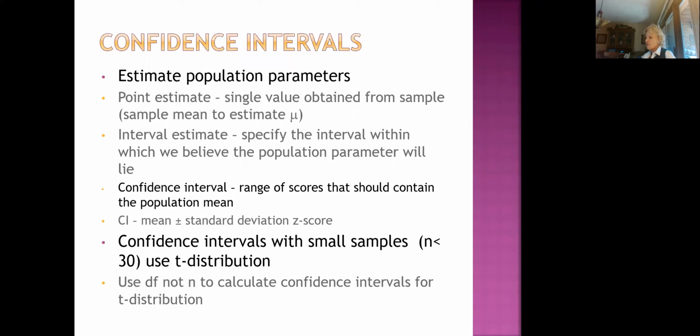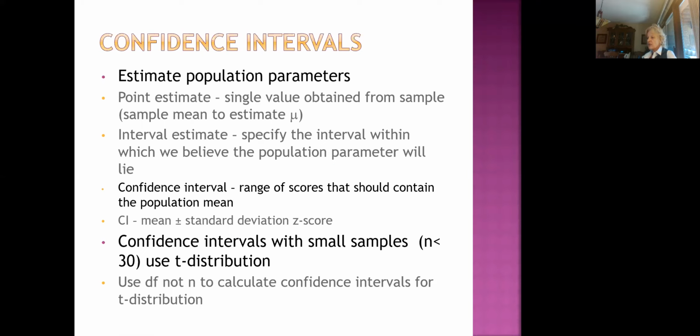And then interval estimate specifies the interval within which we believe the population parameters will lie. So the confidence interval is the range of scores that should contain the population mean. And it's plus or minus the standard deviation z-score.